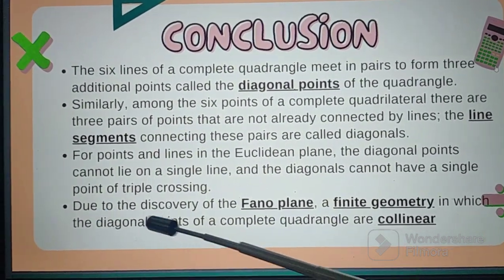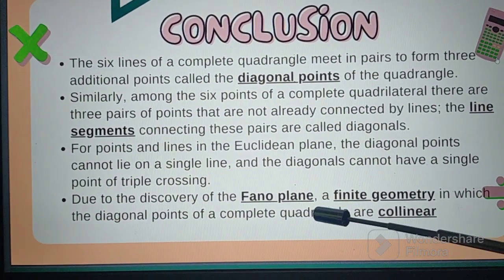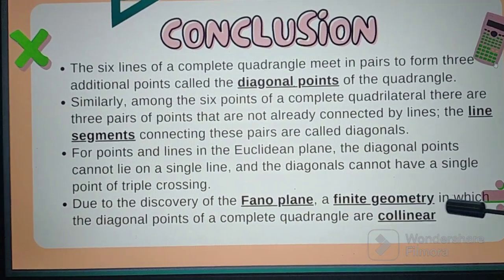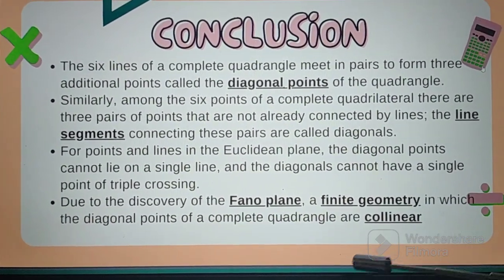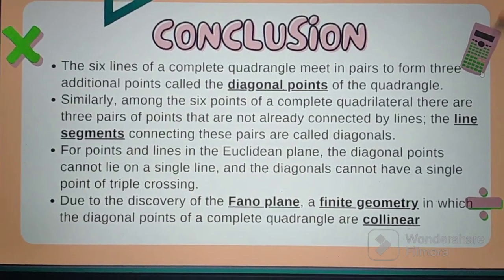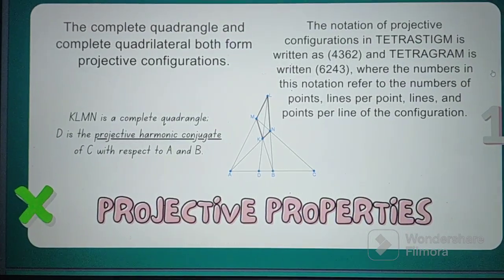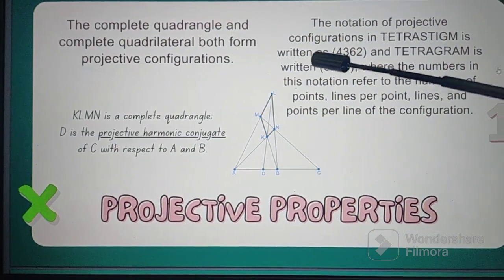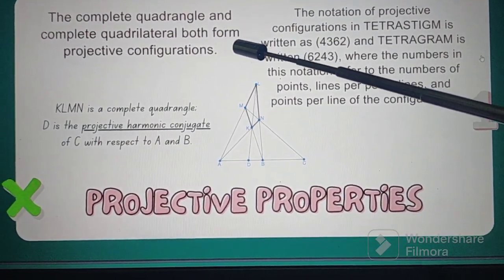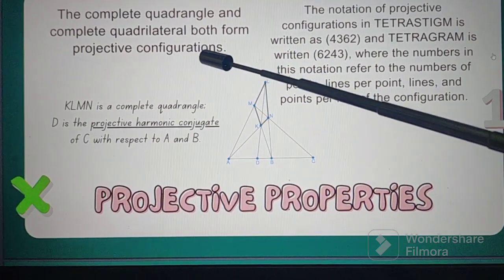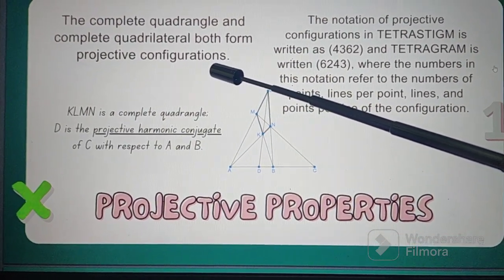However, due to the discovery of the Fano plane, which is a finite geometry, the diagonal points of a complete quadrangle are collinear. So the complete quadrangle and complete quadrilateral both form projective configurations.